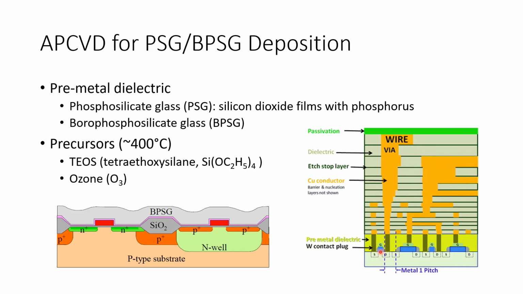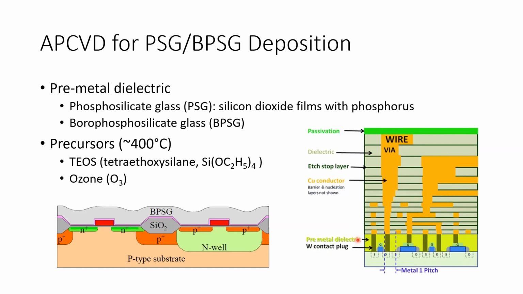Then we have the front-end process, and we have the back-end process. In the back-end line, we have metals, some dielectric, and passivation. And to deposit metal, we need to cover the transistor with a so-called pre-metal dielectric, PMD.